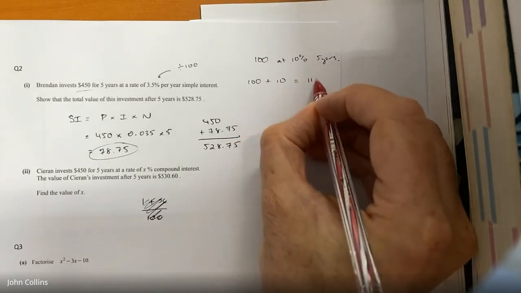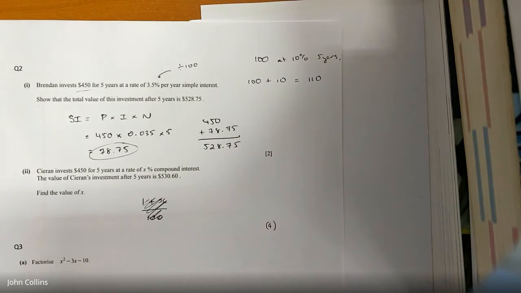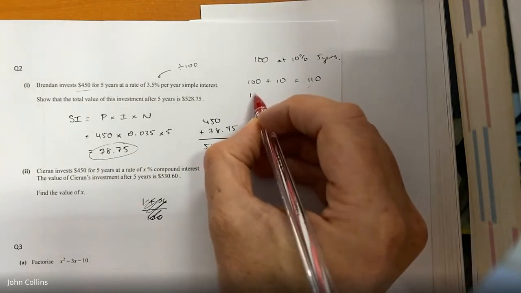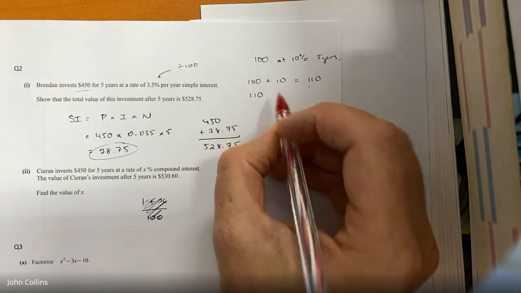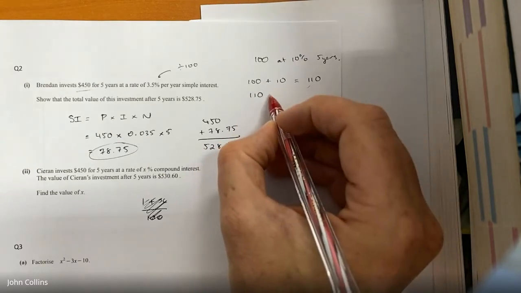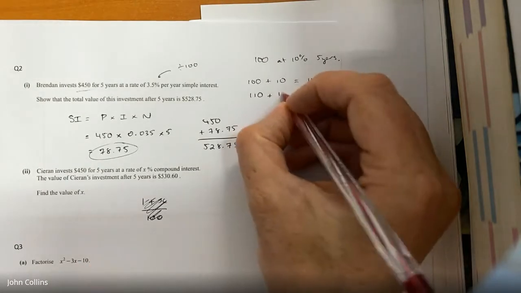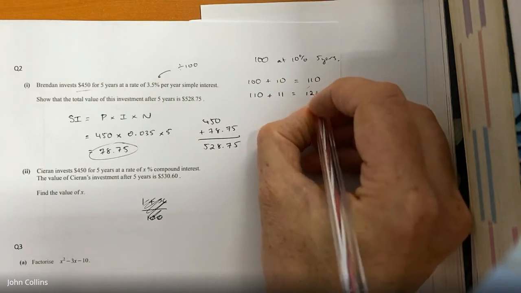So at the end, you have 110. That's the end of the first year. Now you put in 110 in the second year. How much is 10% of that? 11. Okay, and then you end up with 121.